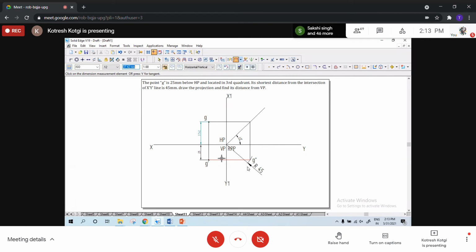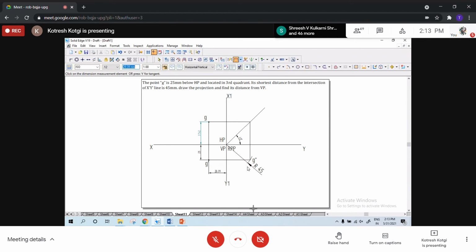Sir, how to find the distance from RPP? The distance from RPP is not given. See, this is what you are asking, right? The distance between this point and this. Okay, this distance is not given.